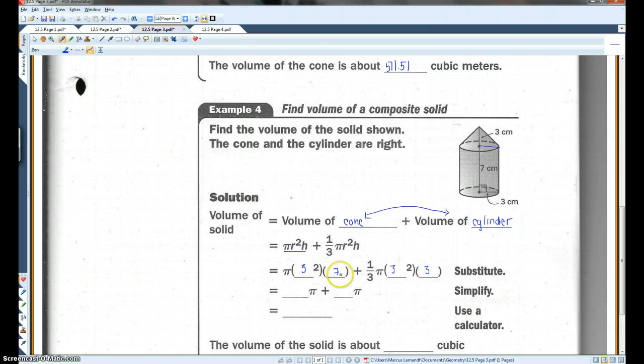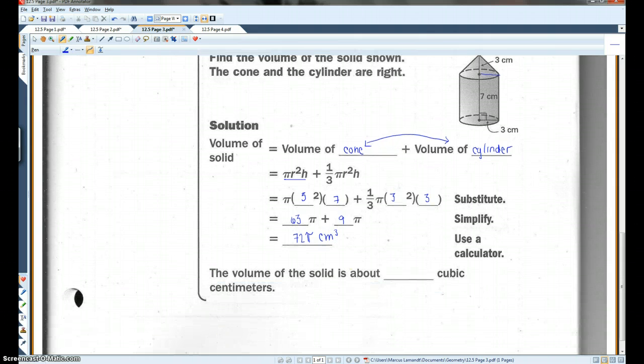So 3 squared is 9. 9 times 7 is 63. 3 squared is 9, 1/3 of 9 is 3, 3 times 3 is 9. So 63 plus 9 gives us 72 pi centimeters cubed.